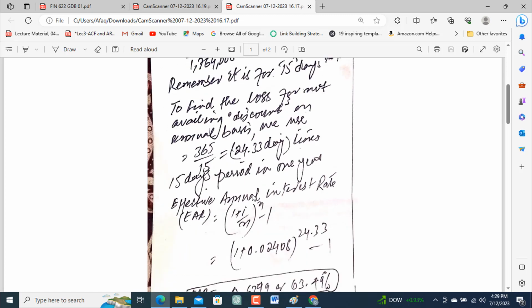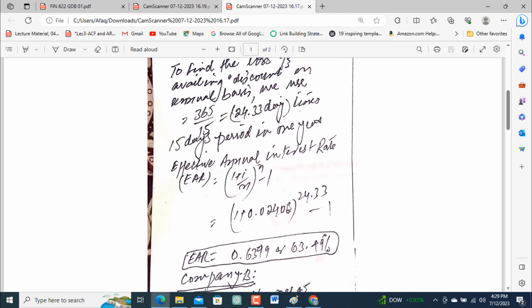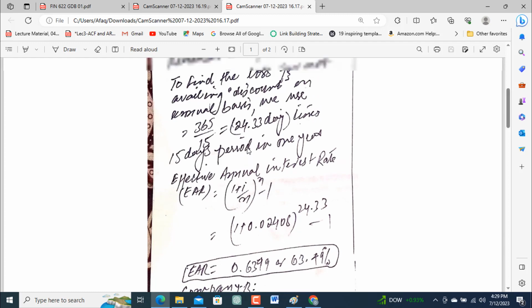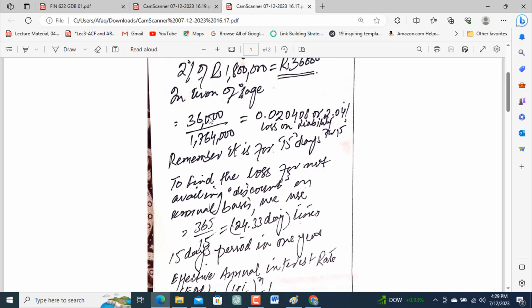In the next step we determine the effective annual rate, which is equal to (1 + i/n) raised to the power n, minus 1. It is the generalized form of the effective annual rate, so we use a slightly modified version. This portion is equal to the percentage loss that we determined in giving up the discount.